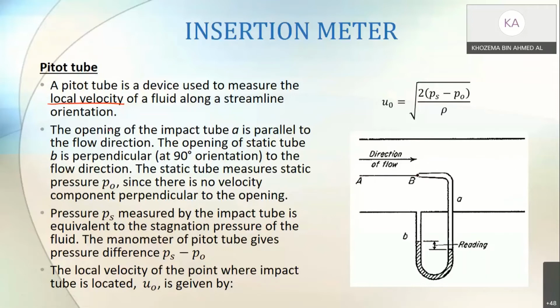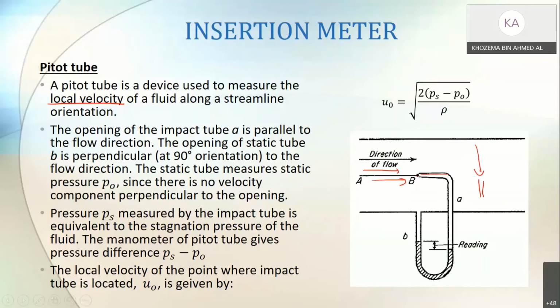The opening of the impact tube is parallel to the area of flow. You can see here, this is parallel to the flow. This is the opening of the pitot tube, which is parallel to the flow. If your flow is coming this way, you must have an opening parallel to the flow.